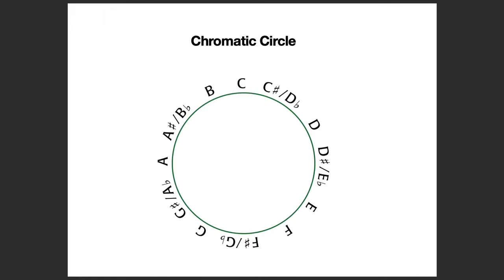At this point, it would be useful to introduce what's known as a chromatic circle with the 12 notes of the chromatic scale arranged around in this rotary fashion. Now remember here that there's a major and minor equivalence, so these letters refer to major and minor keys or chords.